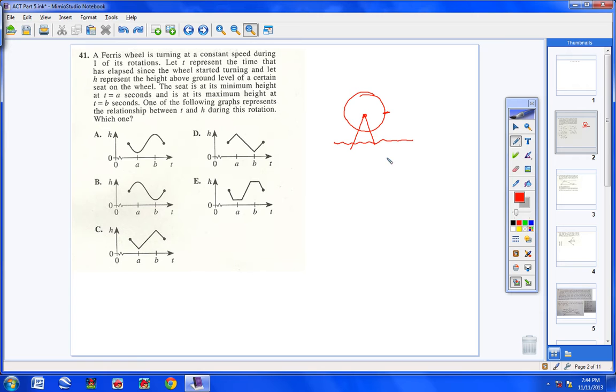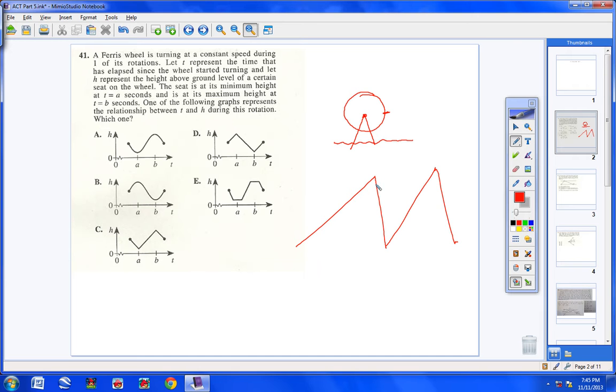But what they want you to do is to be able to look at a graph and interpret it and understand what it's saying. Now, if you've ever been on one of those really crazy rides that make you sick, they might shoot you up in the air, then shoot you down, then back up, then back down. Those kinds of rides are taking sharp turns. In other words, please watch this carefully. You're here, then a split second later, you're here.